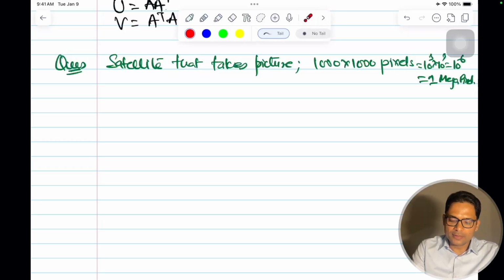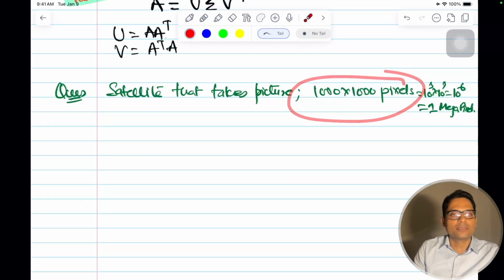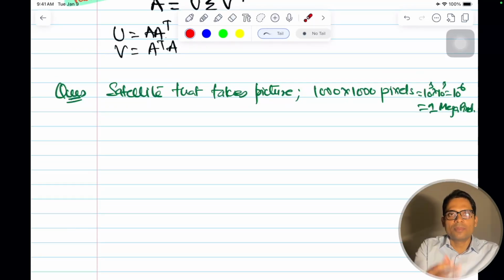Now it wants to send the information to the ground. Generally satellite bandwidth is very costly, so you want to preserve the bandwidth and send as little information as possible. So the task is, how can we compress the picture so that we can send it via the satellite link?